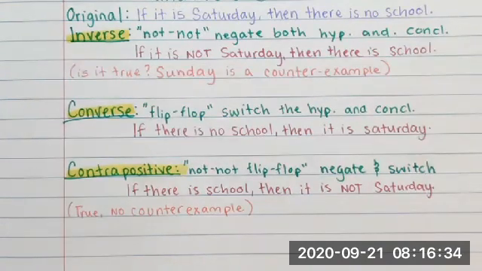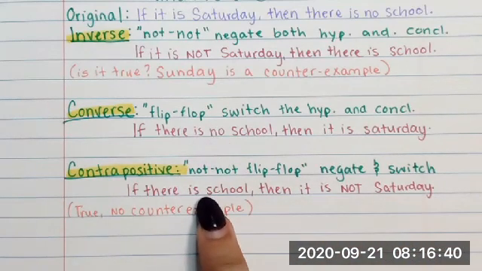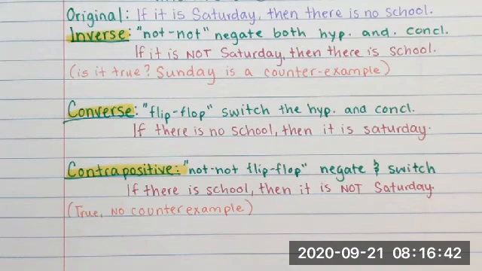Now, an important note is notice how it went from there is no school to there is school. Negate, or the not, doesn't just mean that it's a negative statement or there has to be a no or a not. If there already is a negative statement or a no or a not, then you're getting rid of it when you negate it. You're going to make it a positive.